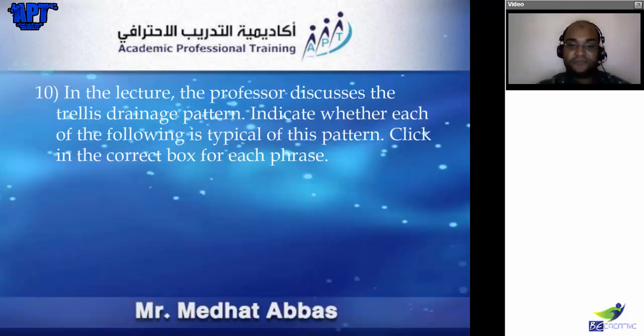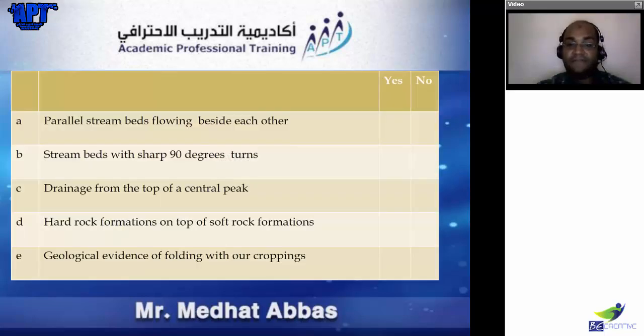Next. In the lecture, the professor discusses the trellis drainage pattern. Indicate whether each of the following is typical of this pattern. Click in the correct box for each phrase. So we're going to have this table. The one which is typical, we will add yes.